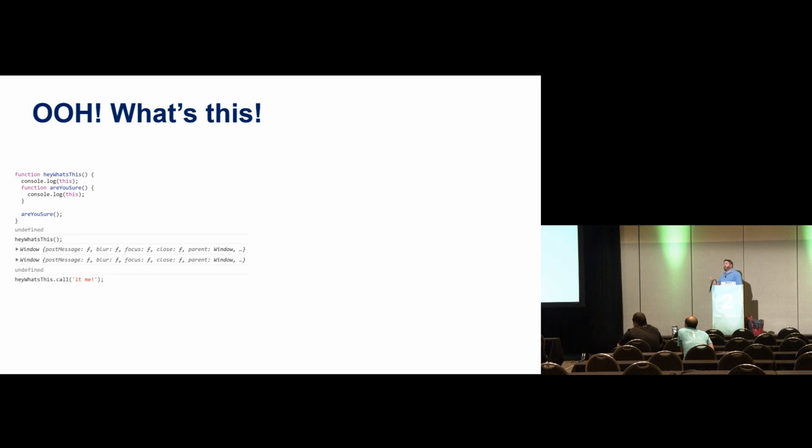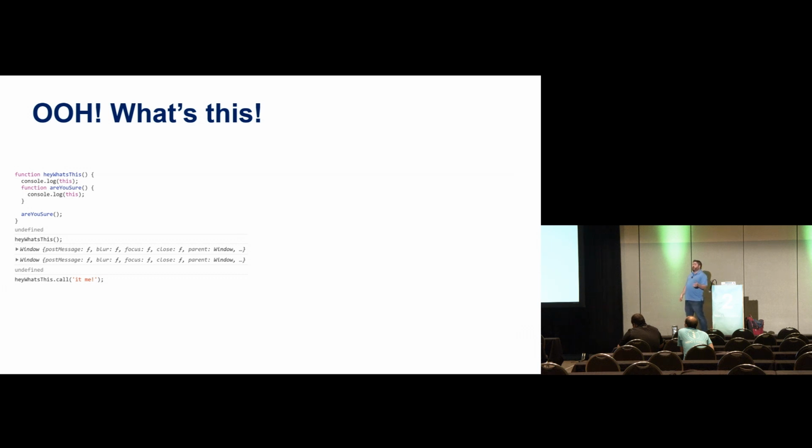But what if I use the .call function that's available on any function to set what this is going to be? What do you expect this to be on the first line now? This is audience participation, and it's fine if you're wrong. In fact, I hope you're wrong.